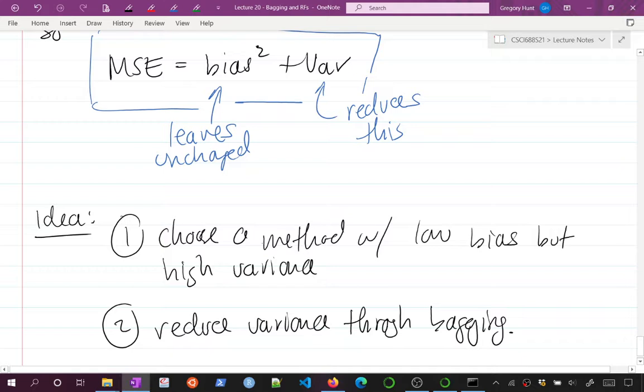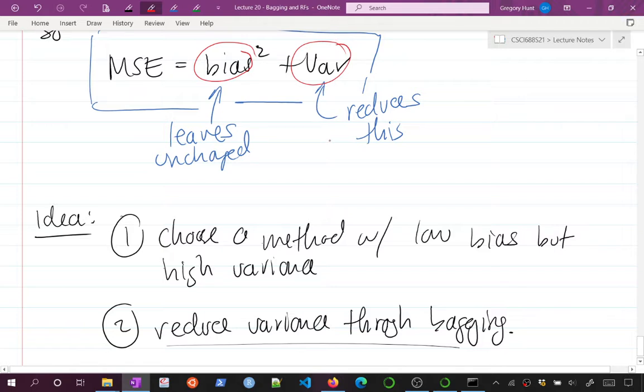And we can control that variance by bagging things together, by basically averaging our models. So we'll choose a method that has a small bias. Now, the variance might be high, but we can just average together a whole bunch of these and reduce that variance.